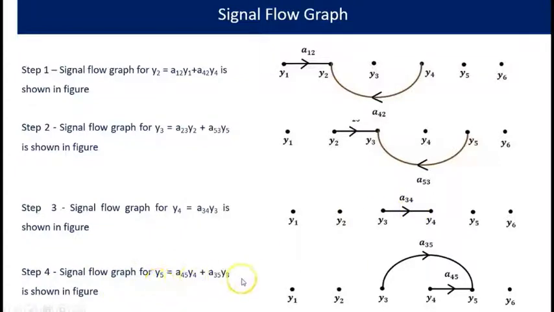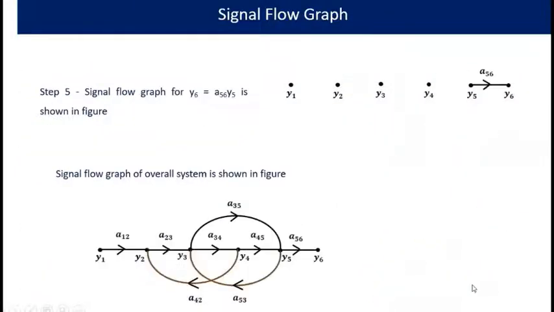Then y5 is equal to a45 y4 plus a35 y3, so parallel, a35. And the last one, y6 is equal to a56 y5, so here the gain is a56.